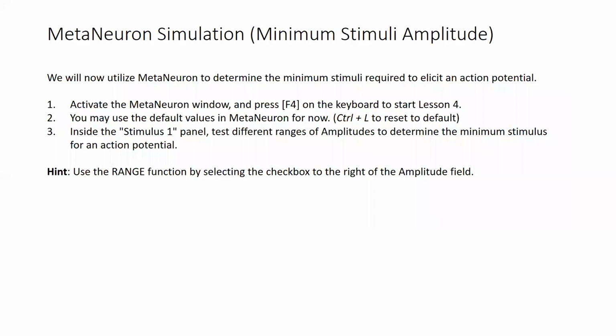To return to the default values, press Ctrl L. Inside the Stimulus 1 panel, test different ranges of amplitudes to determine the minimum stimulus for an action potential. Hint: use the range function by selecting the checkbox to the right of the amplitude field.